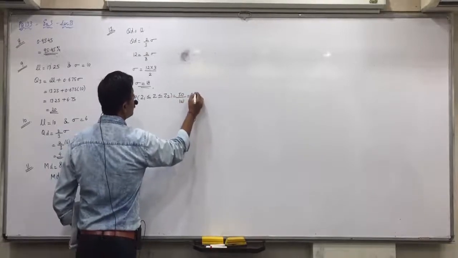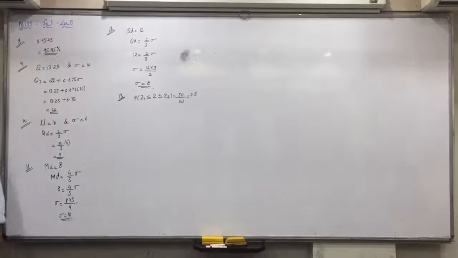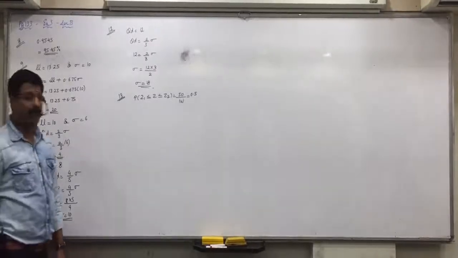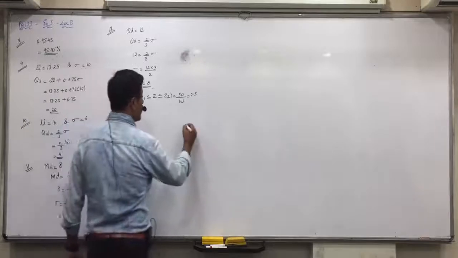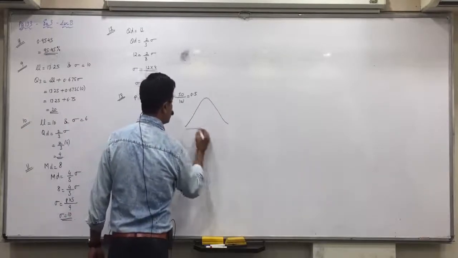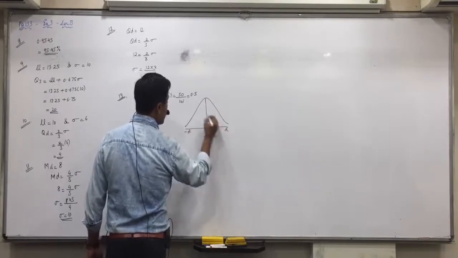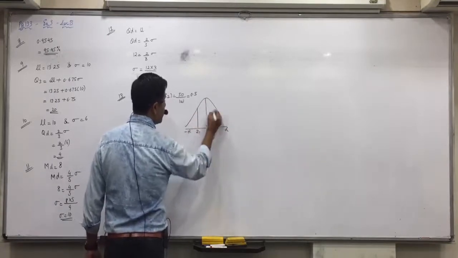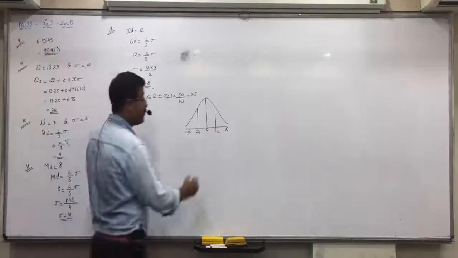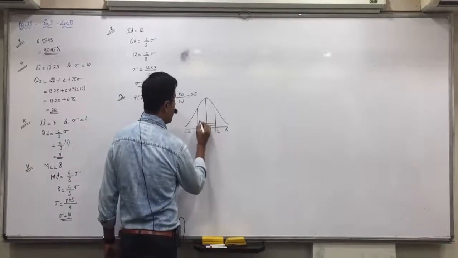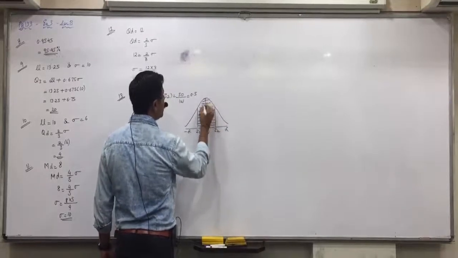So P of Z1 less than or equal to Z less than or equal to Z2 will be 50 upon 100, 0.5. Z1 on the left side, Z2 on the right side. Between Z1 and Z2, the area is 0.5.